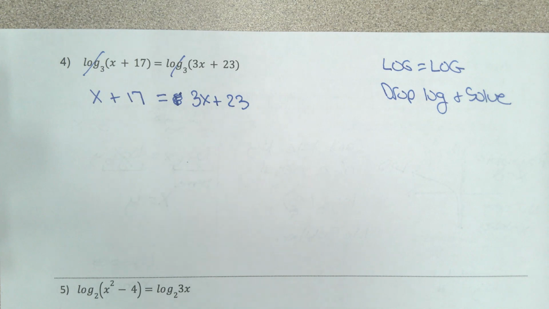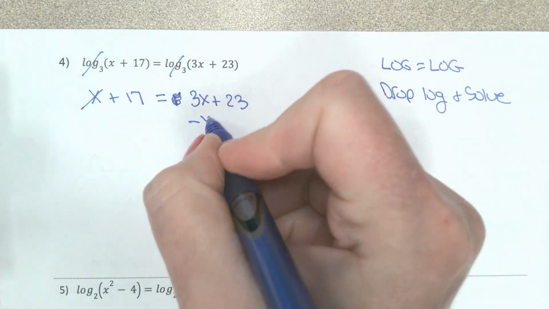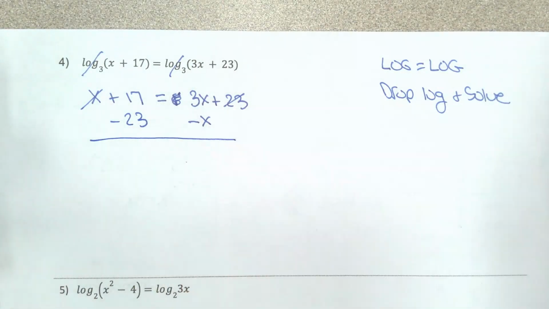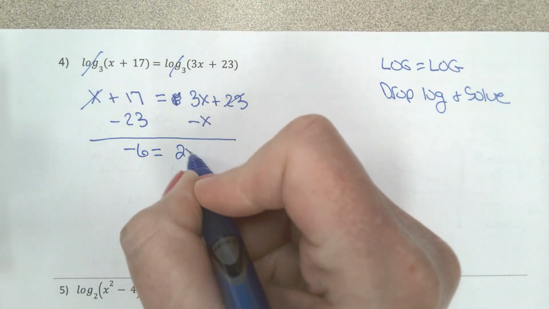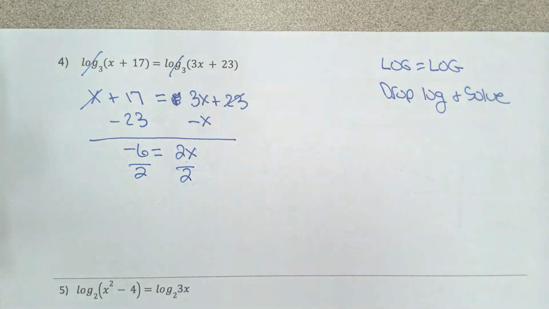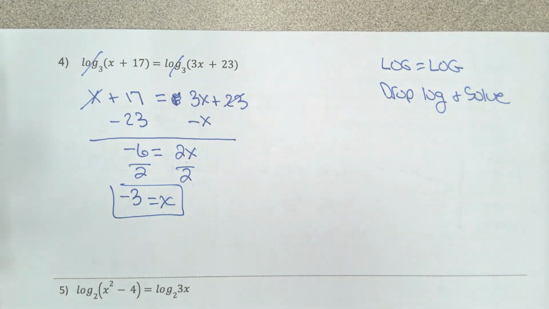Now I gave myself an algebraic equation. I'm just going to do algebra and solve. Subtract x from both sides. Subtract 23 from both sides. Negative 6 equals 2x. Divide both sides by 2, and negative 3 equals x.